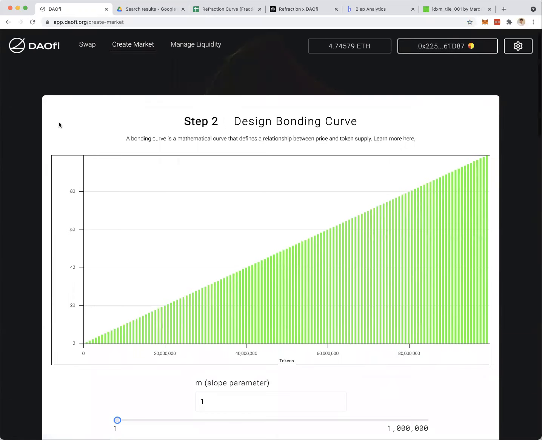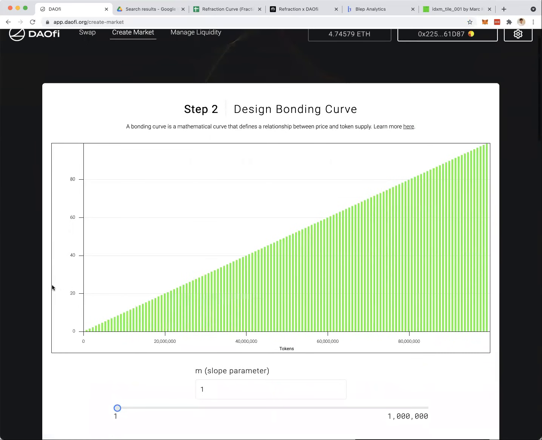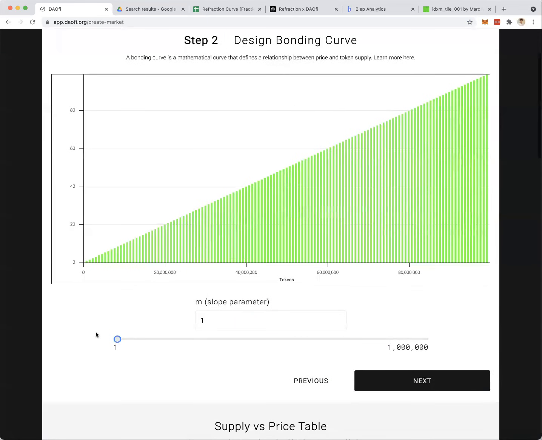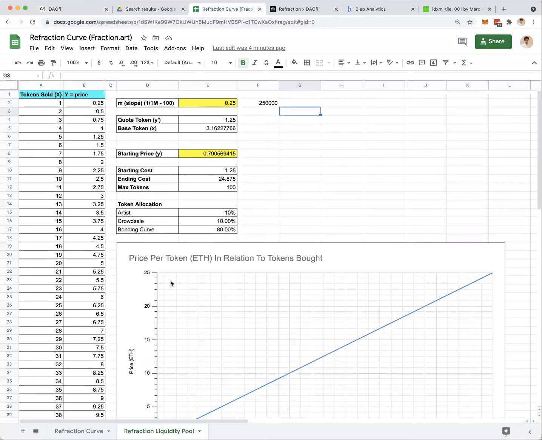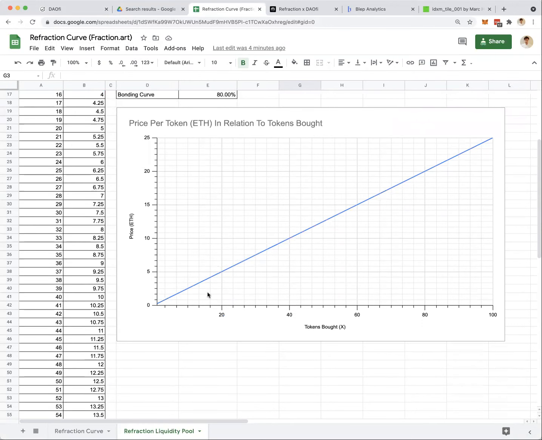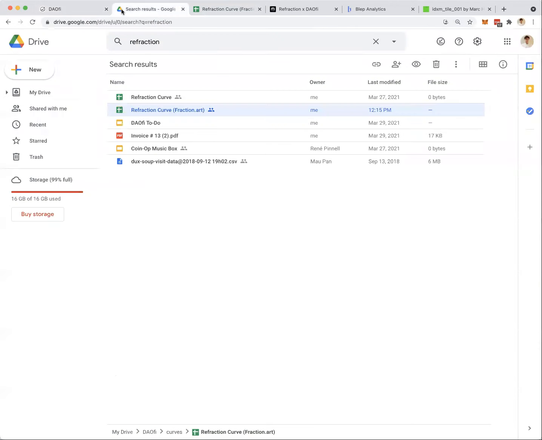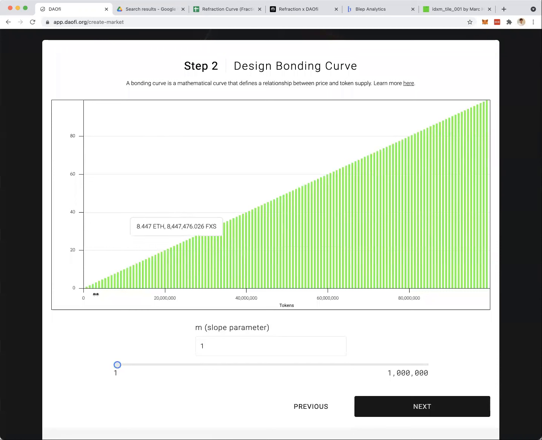So this is where you design the linear price appreciation rate. There's the slope, and what you're seeing here is the formula y equals mx. This is just a spreadsheet example of a linear formula, y equals mx, and here you're basically inputting that linear slope value for how much you want the token price to appreciate.